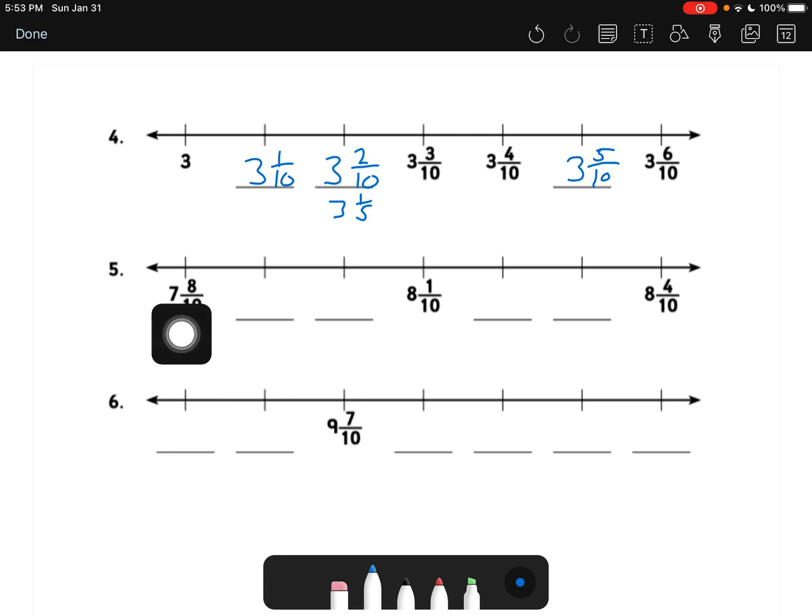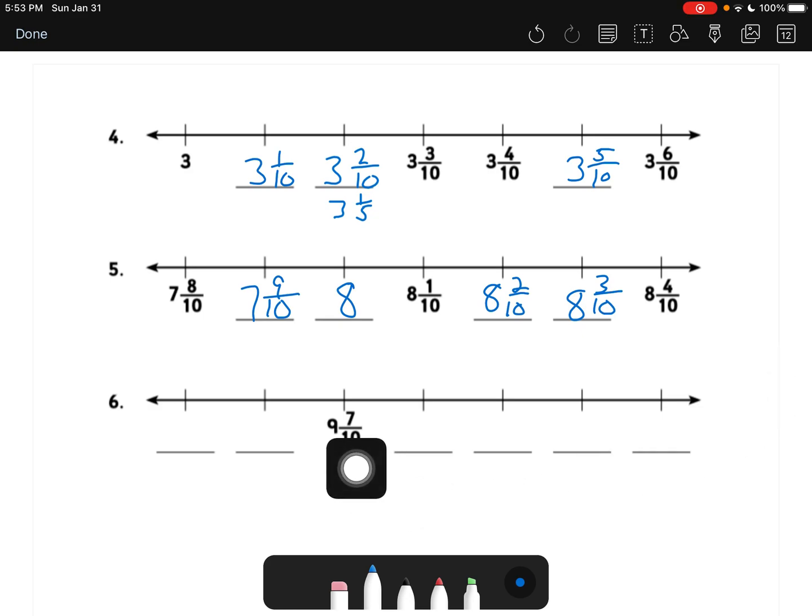Okay, so I got 7 8/10, 7 9/10, and then 7 10/10. Well, that would be the next whole number, which is 8. I've got 8 1/10, 8 2/10, 8 3/10, and then 8 4/10.